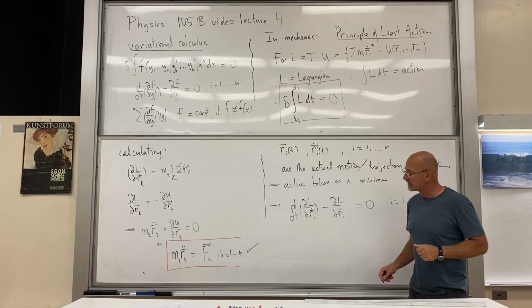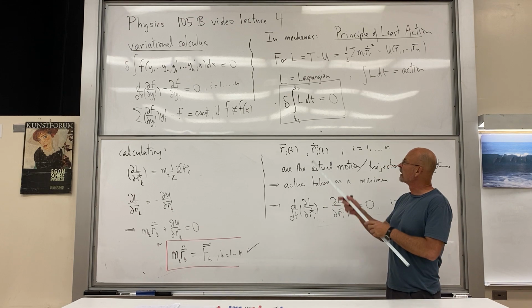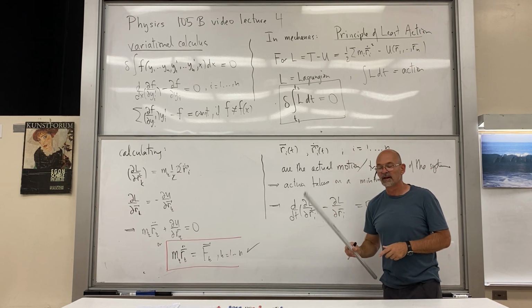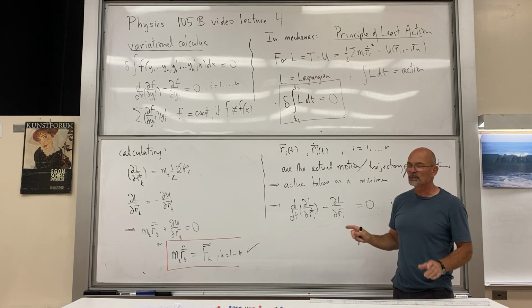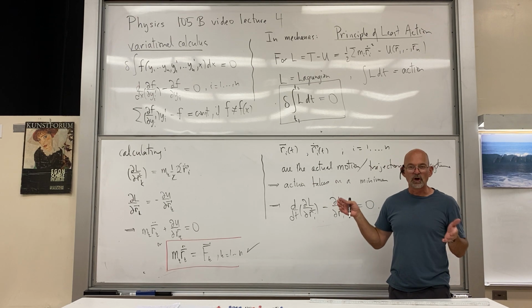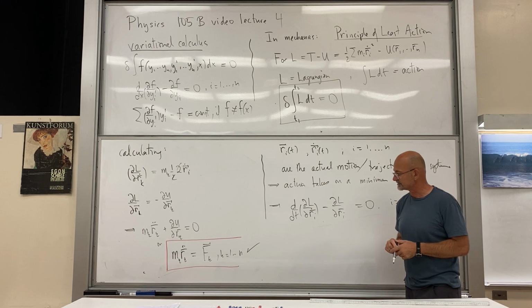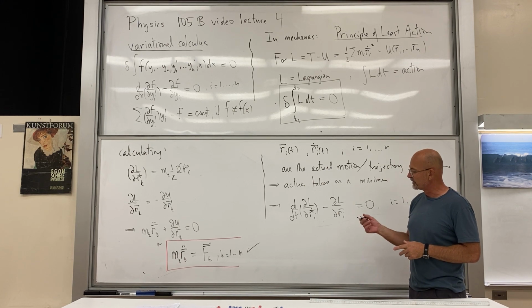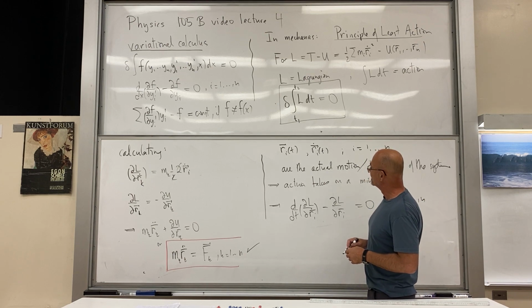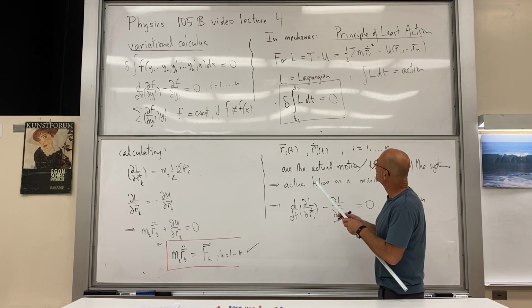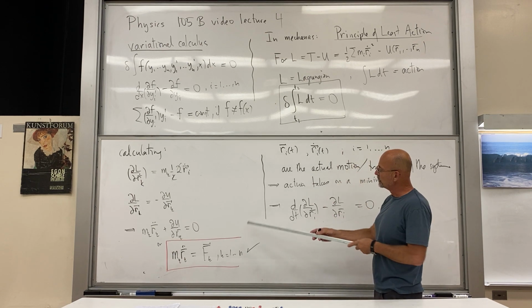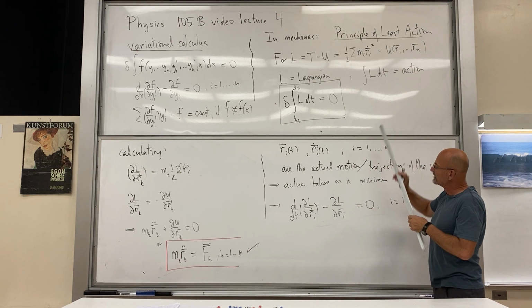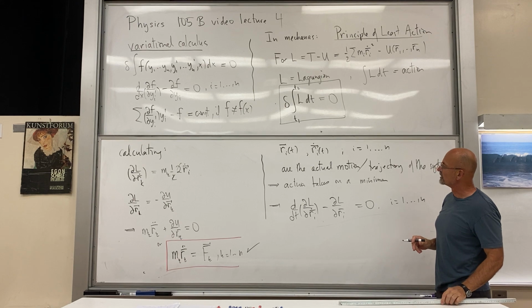But this is just the condenser, and we're going to be able to do many other things with this formulation. For systems with many degrees of freedom, you really have to go into the Lagrangian formulation to get anything done. So it's going to be great. And this was just to convince everybody that we have Newton's law coming out of this principle of least action, the variational principle.